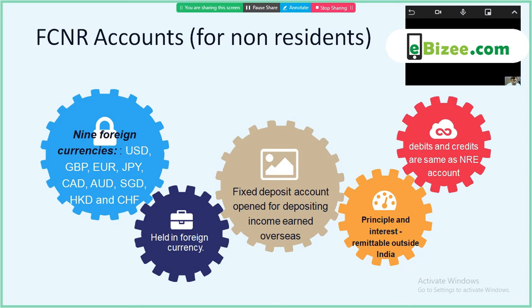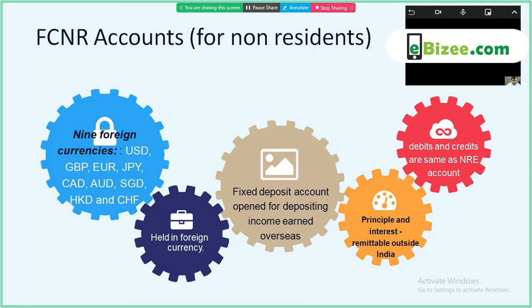And one good thing about this money is that it can remain in foreign exchange itself. So it is immune from the risk of foreign exchange.